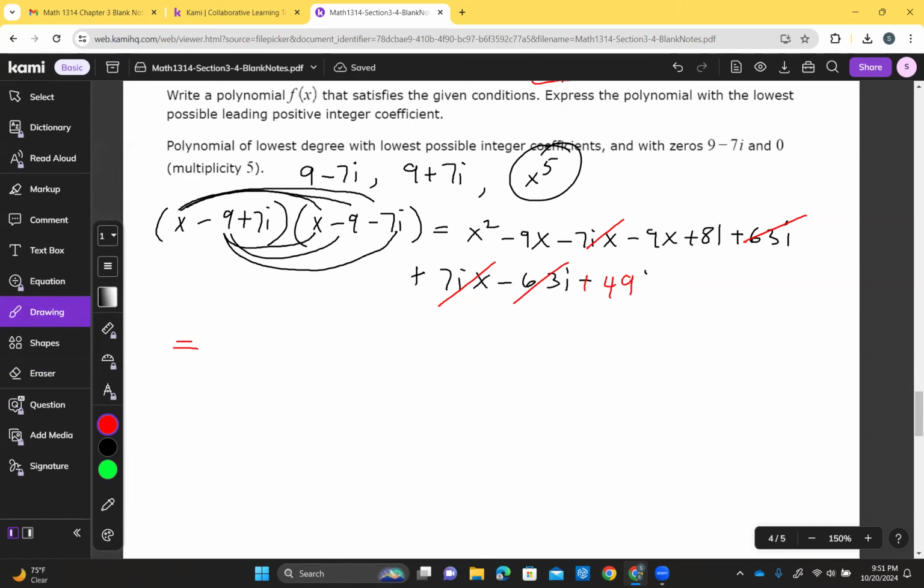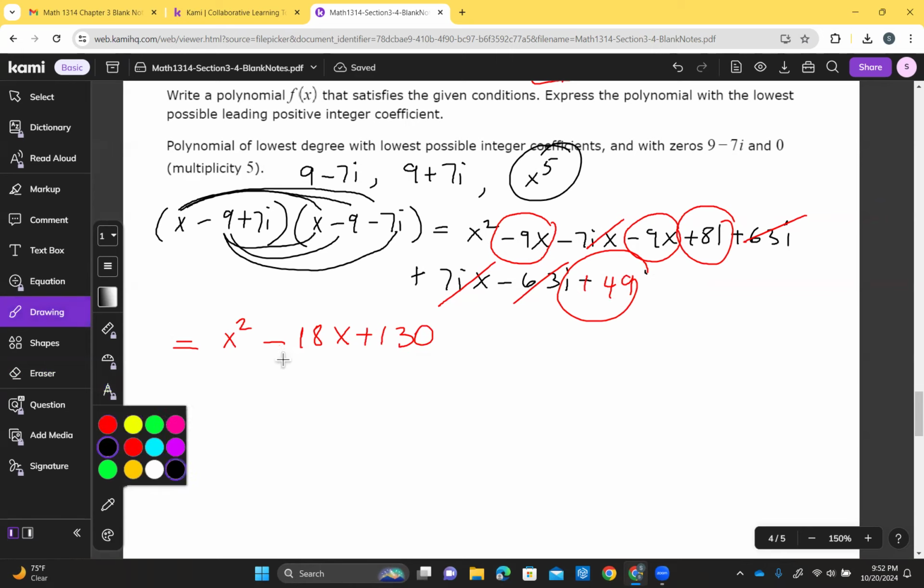We got an x squared, negative 9x and negative 9x. When I combine them, that's a total of negative 18x. And then 81 and 49. When I add these two up, that's 130. That's what we get when we FOIL that.